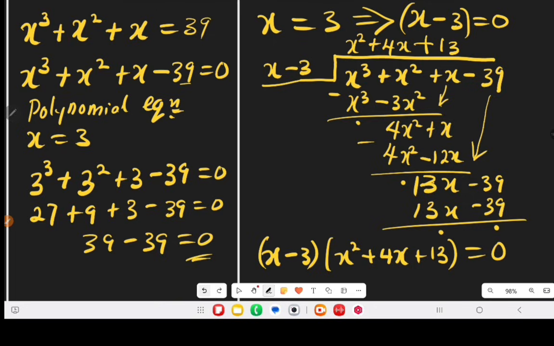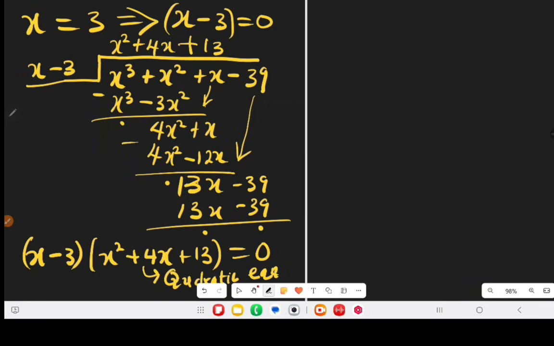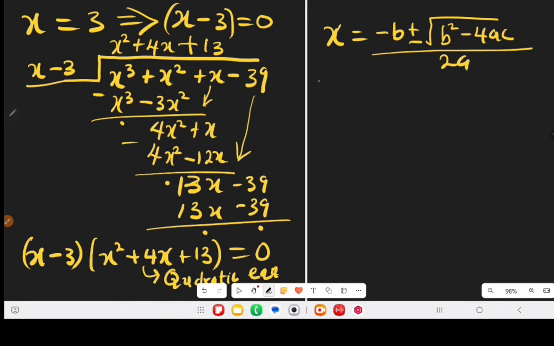Now we continue. We have to solve this quadratic equation by using the quadratic formula, which is x equal to minus b plus or minus square root of b squared minus 4ac all over 2a, where a equal to 1, which is the coefficient of x squared, b equal to 4, and c equal to 13.